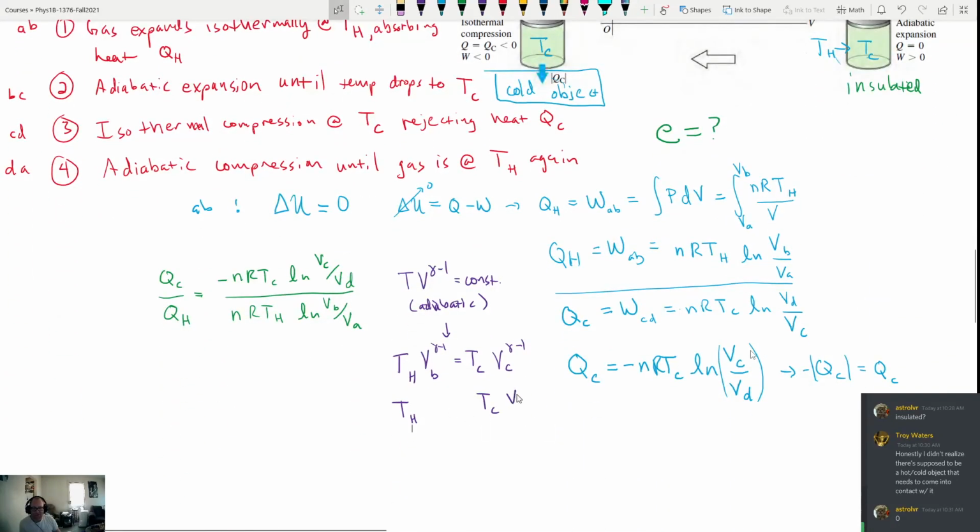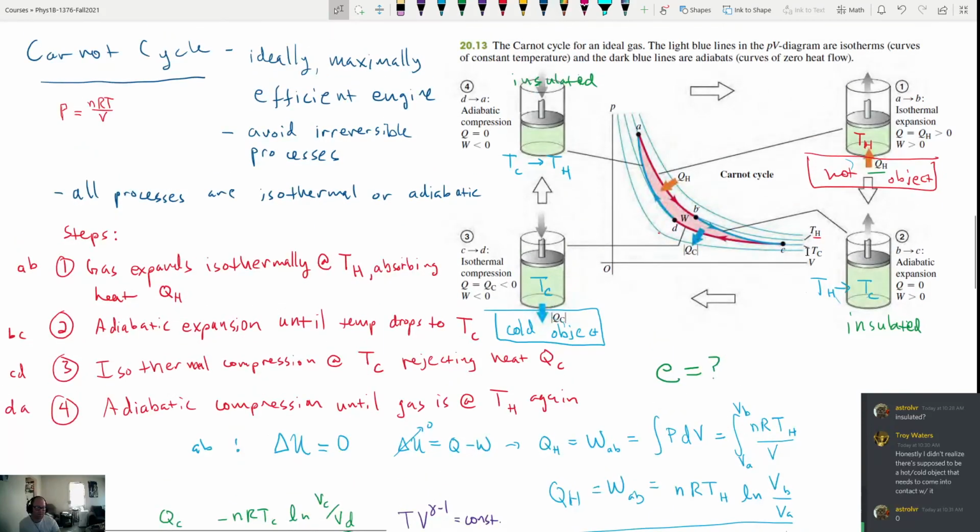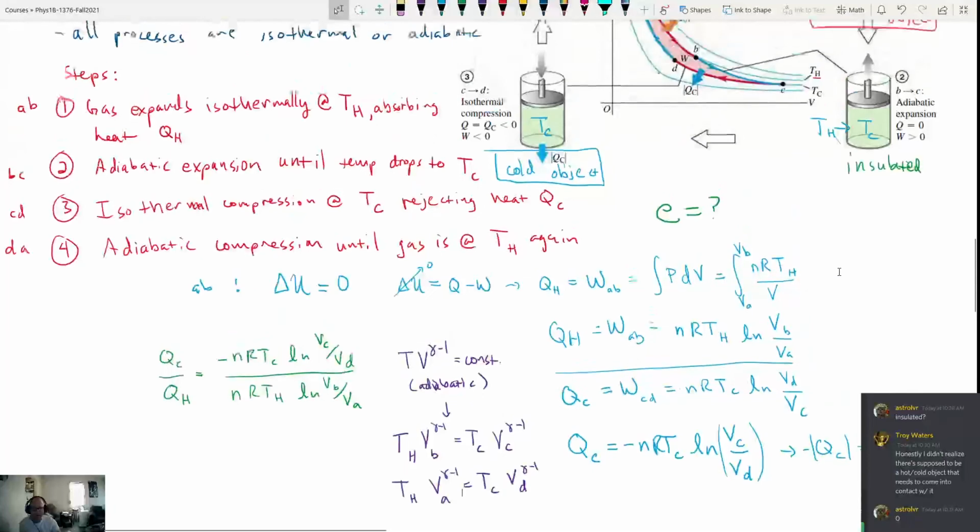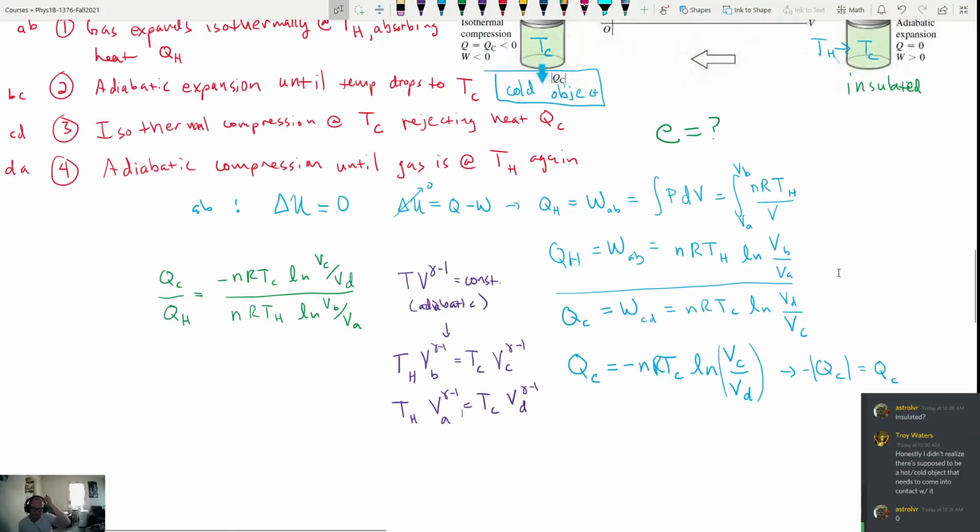So VD goes here, and VA goes here. I'm just going to check to make sure that's true. So TC and VD should be together. So TC is here, and that is D, and TH should be with A. And then we need ratios of VC over VD and a ratio of VB over VA, right?